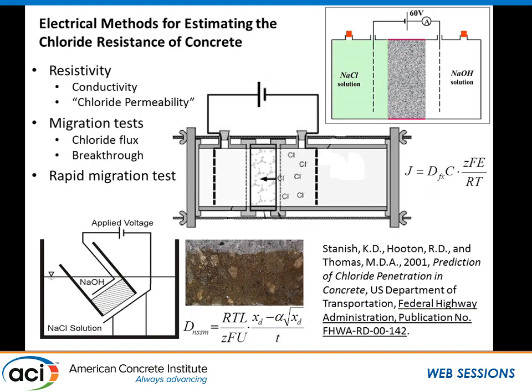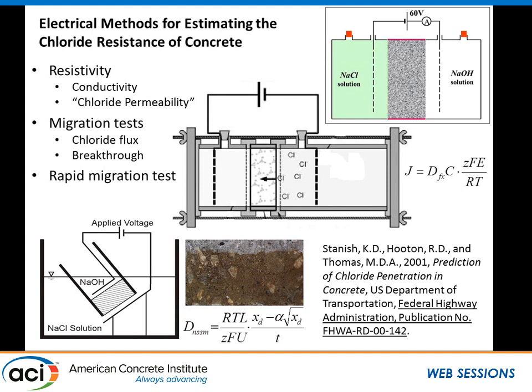I was going to talk about the various electrical methods that we have for estimating the chloride resistance of concrete. And then late yesterday afternoon, I realized I only had 15 minutes, and I almost had a heart attack and had to delete half my slides. So I'm going to focus on resistivity measurements, since that seems to be what a lot of people are doing now.